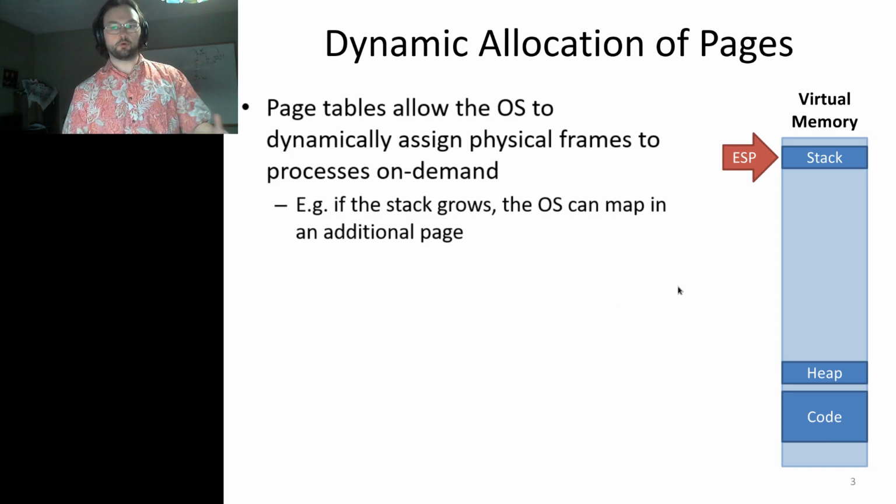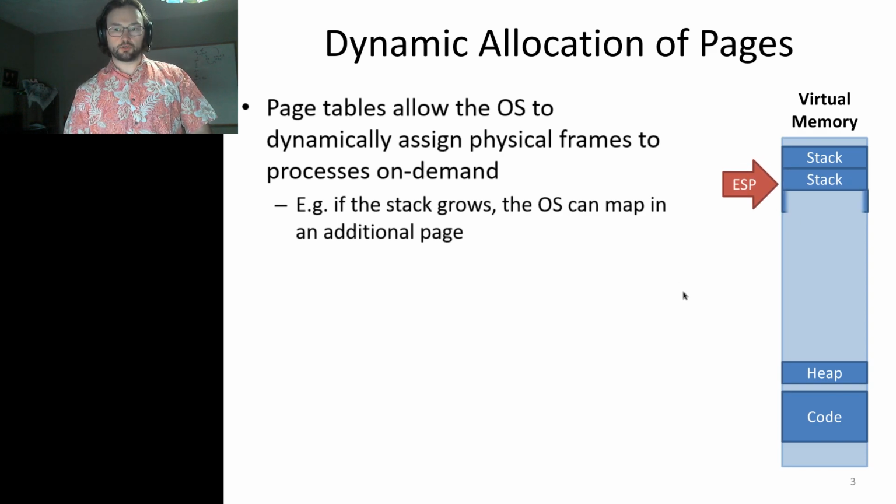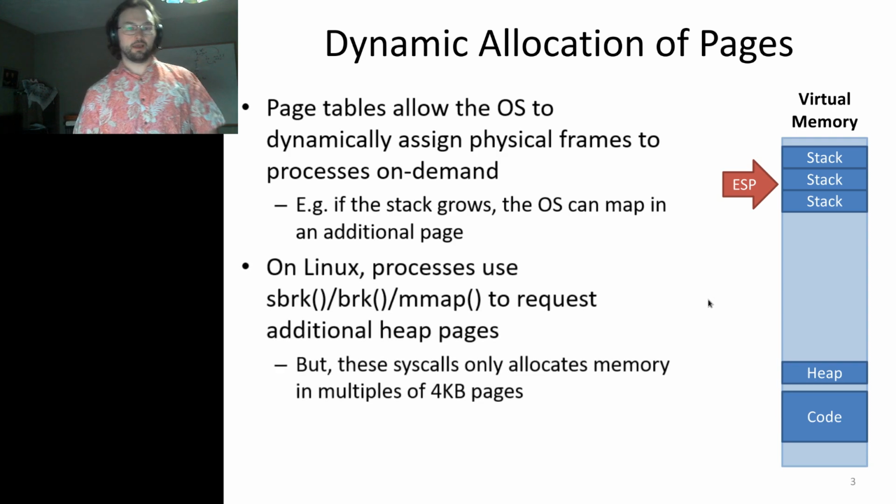So for example, if we call a function and overflow the top stack page or the bottom stack page, the operating system may just go ahead and fault in however many additional pages it needs. Now on Linux, if we want to explicitly request pages, the normal way that we're going to do that is with mmap.